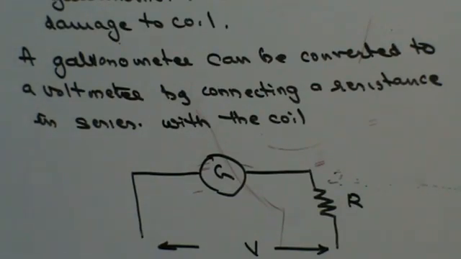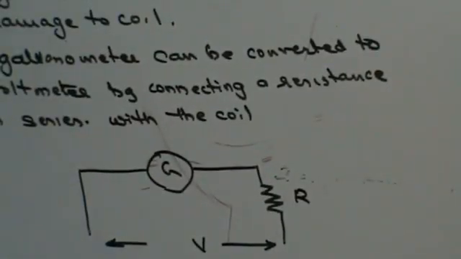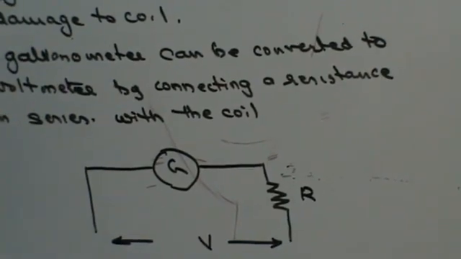So let us consider a galvanometer of resistance G, giving full scale deflection when a current of Ig flows through it.